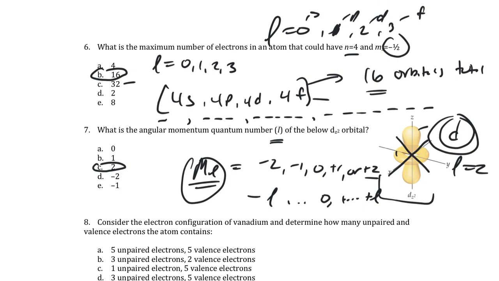Those shapes are coming from the l value. So again, it's just picking up that it's the d shape, so l has to be 2.